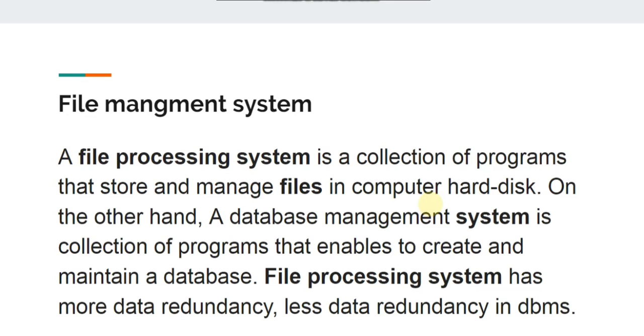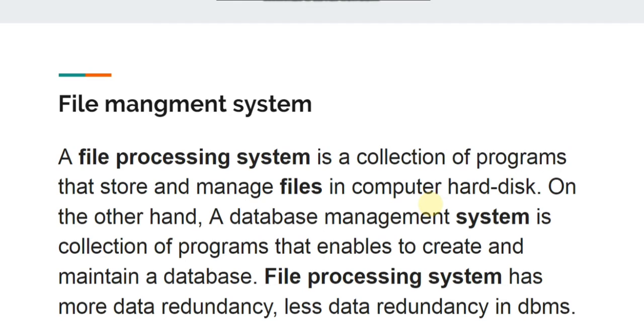So file processing system has more data redundancy, less data redundancy in DBMS. Redundancy means that data is stored in one place, so it is not duplicated. For example, we have a student database and we want to create a library card for the student, so we just access the student database, get the information and make a card.